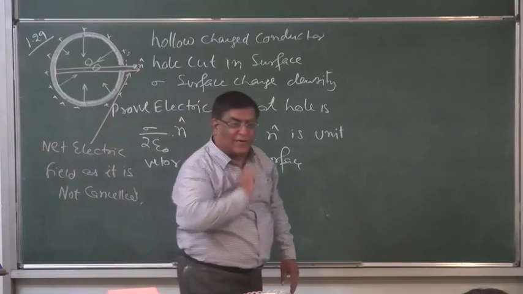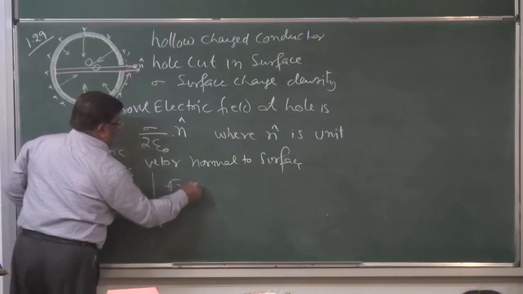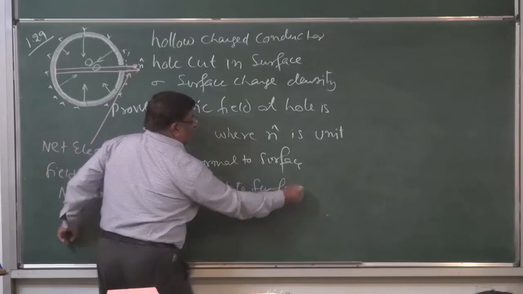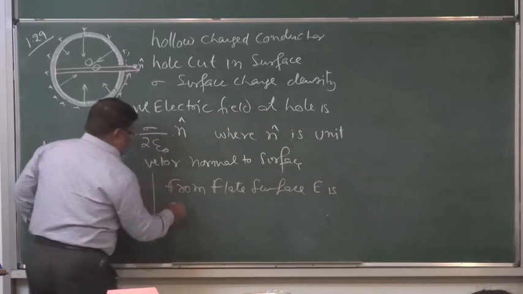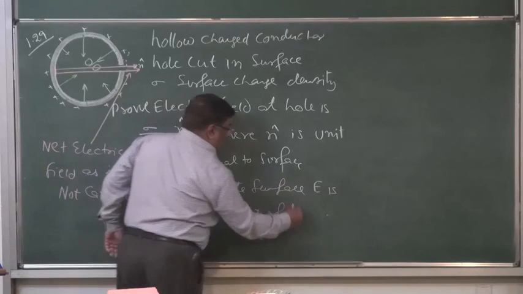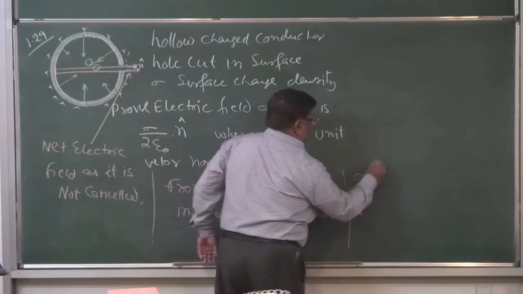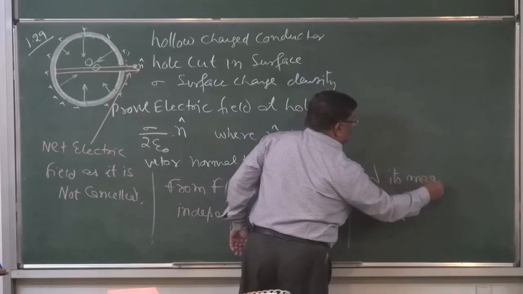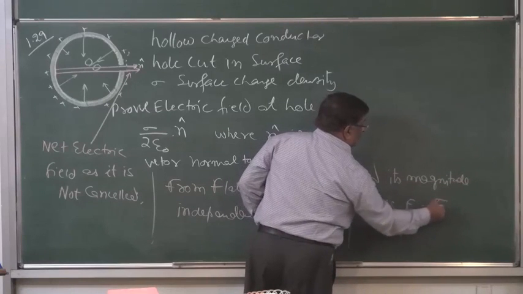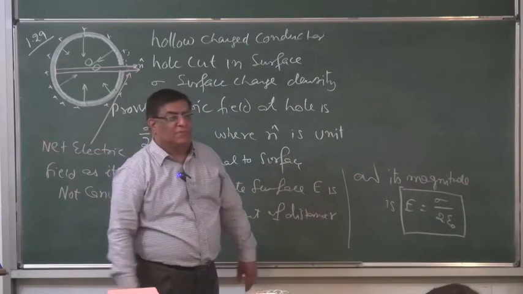It is independent of R. And how much is this electric field from a flat surface? E is independent of distance R, and its magnitude is E is equal to सिग्मा अपॉन 2 एप्सिलॉन नॉट.